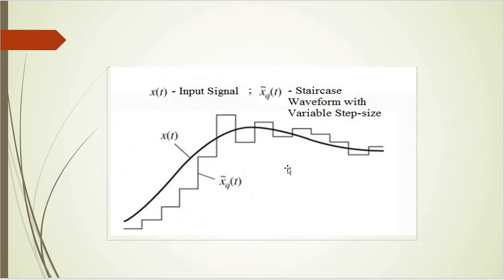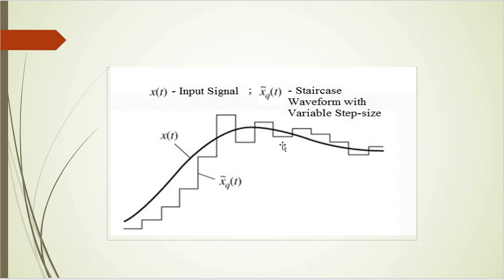This figure shows the adaptive delta modulated waveform. When the signal amplitude is increasing or changing at a very fast rate, we can see that the step size is increasing. During this portion, the step size is increasing so as to follow the input signal variations. Here x of t represents the input signal and x q bar of t is the stair-step waveform.